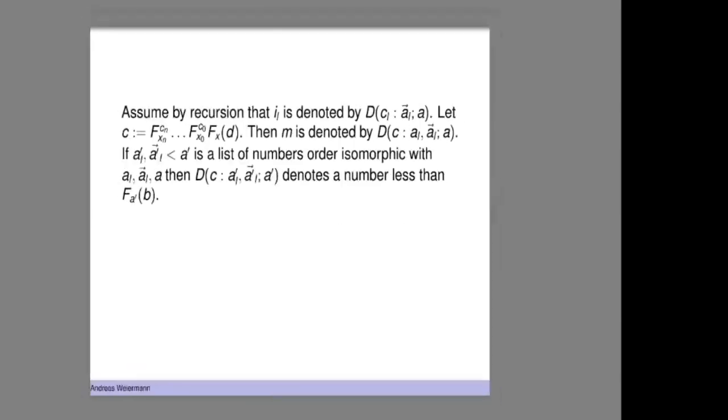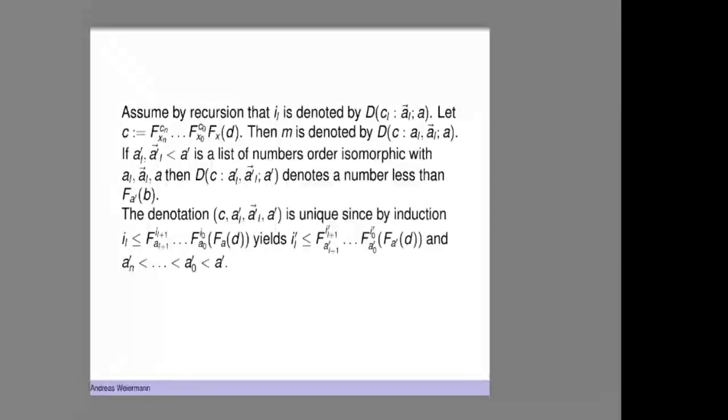Now the trick is, if I replace the a's by a primes, then I want to have a unique notation for numbers less than f_{a' b}. And actually this is true. The point is that I know that I have a unique representation for m. This gives, by some sort of induction, that the Il are less than or equal to this iteration.